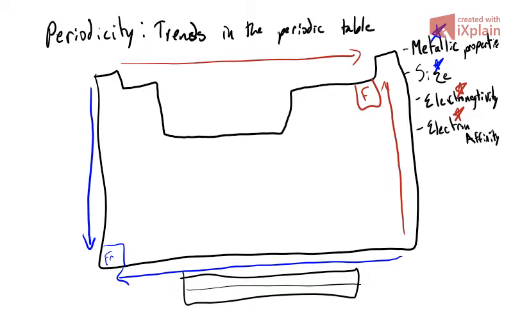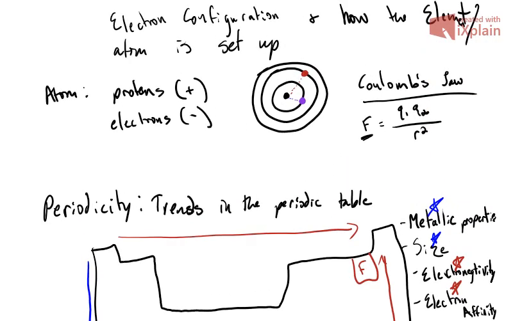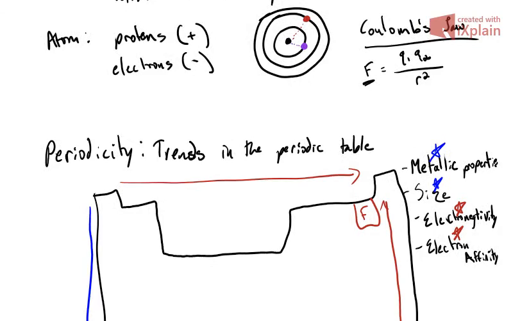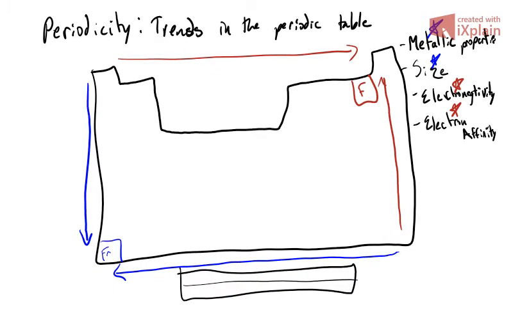Okay, now all of these can be explained through the electron configuration of the elements. Okay, everything in the halogens, they are very close to having a full outer shell, and so their electronegativity, their want for electrons would be higher.